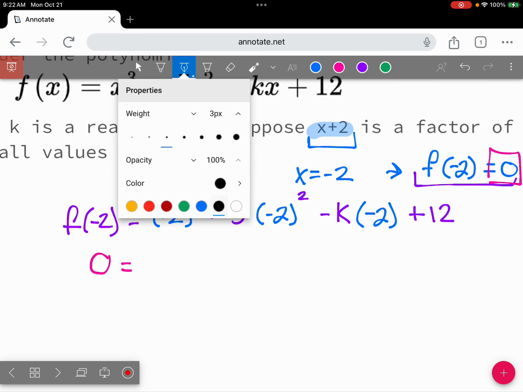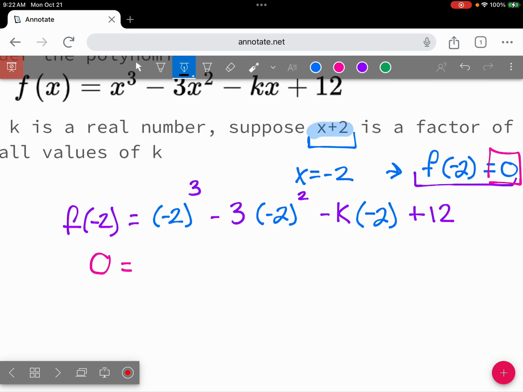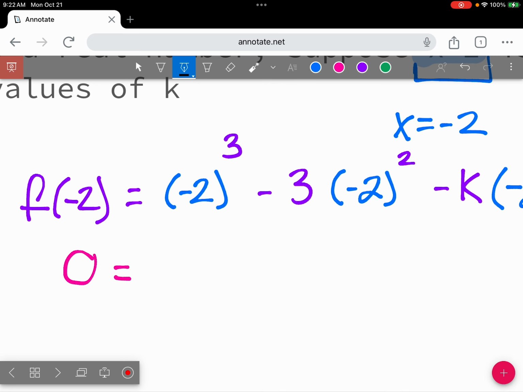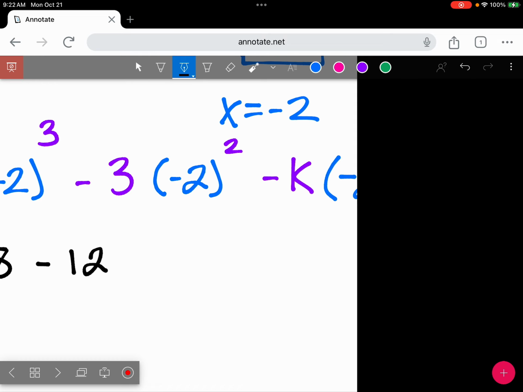So let's simplify this a bit and set it equal to 0, because we know f of negative 2 equals 0. So what is negative 2 cubed? Negative 8. What is negative 3 times negative 2 squared? Negative 12, because negative 2 squared is a positive 4, and negative 3 times positive 4 is a negative 12.